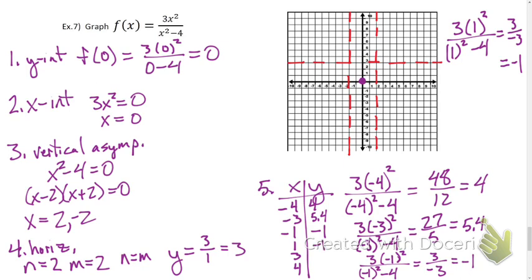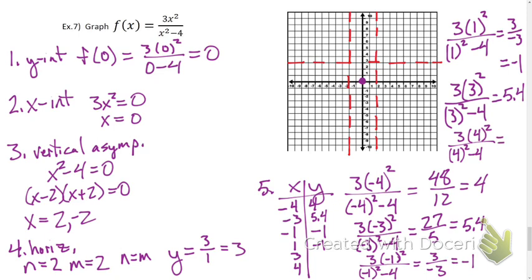Plug in 3, and I bet I'm going to get 5.4 again. Because this thing is symmetric. And yeah, 5.4, 27 over 5. Last one, I bet I get 4. Sorry, I'm running out of room here. 48 over 12 is 4.